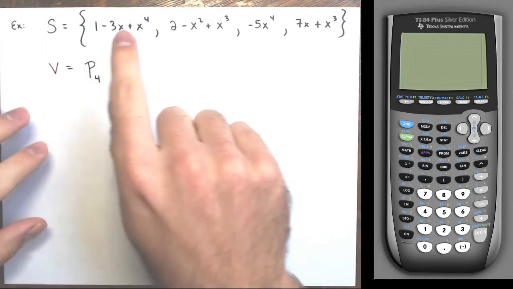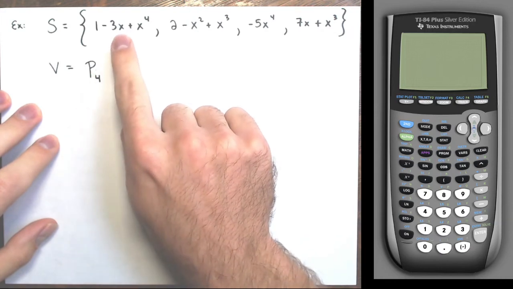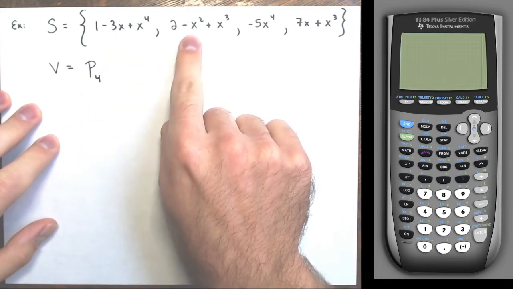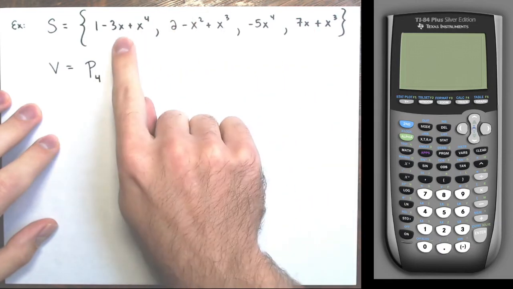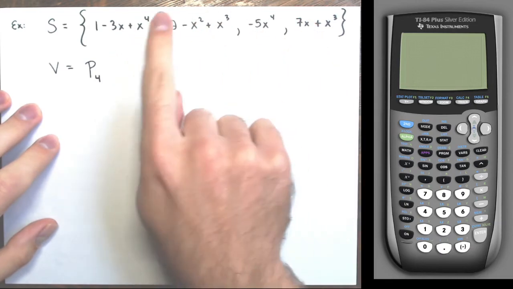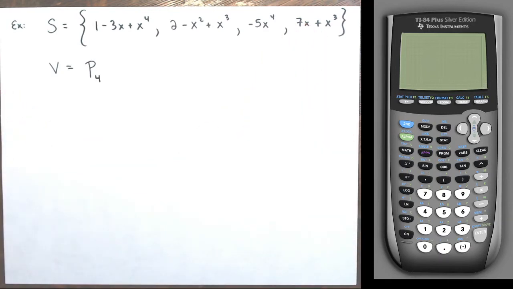So here my vector space this time is P4. This is the set of all polynomials of degree 4 or less. I've got vectors 1, 2, 3, and 4. These are all polynomials of degree 4 or less. I'll write that in again here.